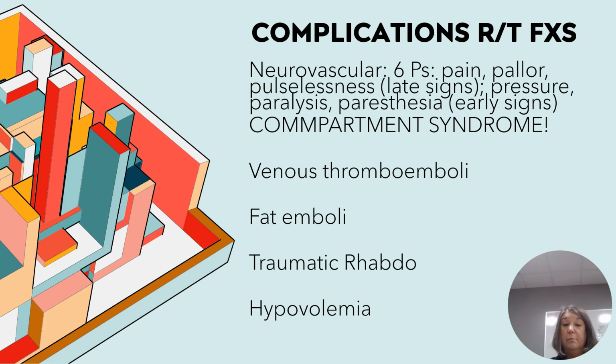What they'll do for compartment syndrome is called a fasciotomy, and they'll literally go in and do a controlled surgical cut, slice into the arm just to relieve the pressure. Because we would rather do a controlled, sterile opening in the arm versus having that skin split, because then that skin is going to tear.